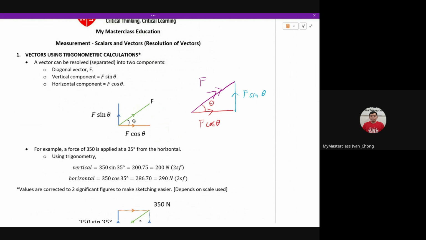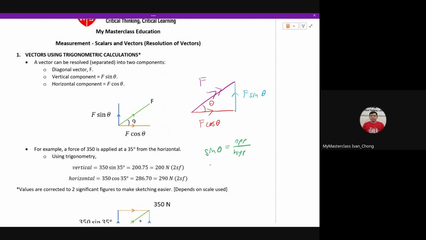Basically, this is trigonometry, because if I take sine theta, normally it's opposite over hypotenuse. So what is your opposite? Opposite is what we're trying to find.